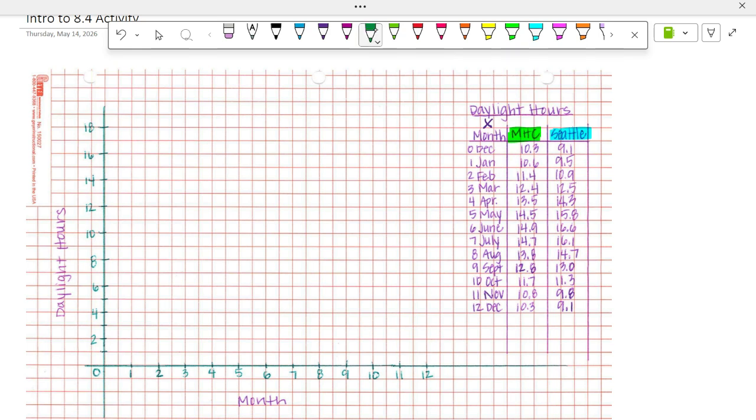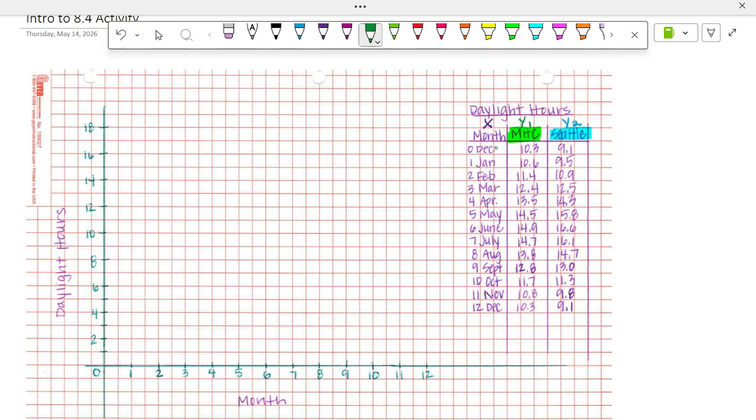So we're going to call this one Y1 and this one Y2. So here's what I want you to do. I want you guys to graph the graph for Morehead City first. Okay, so here, I'll do a couple of points as an example with you.